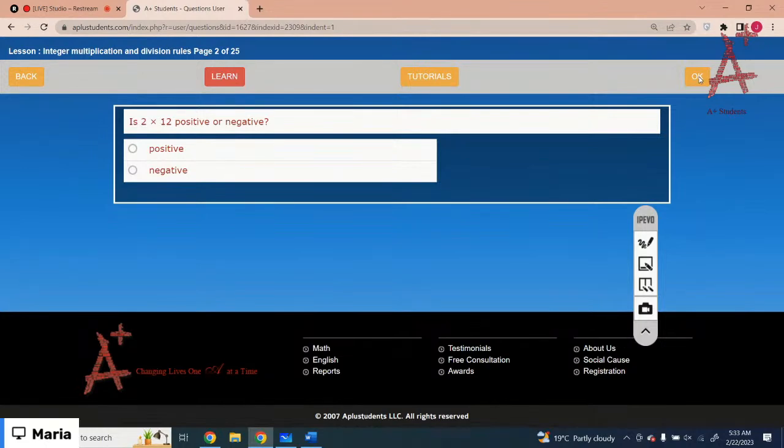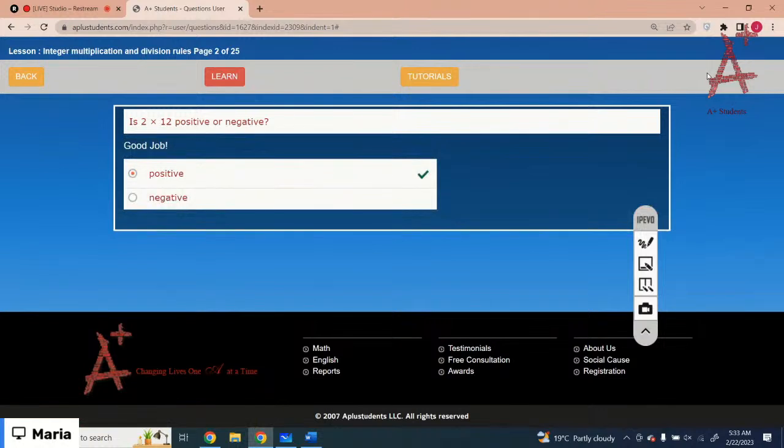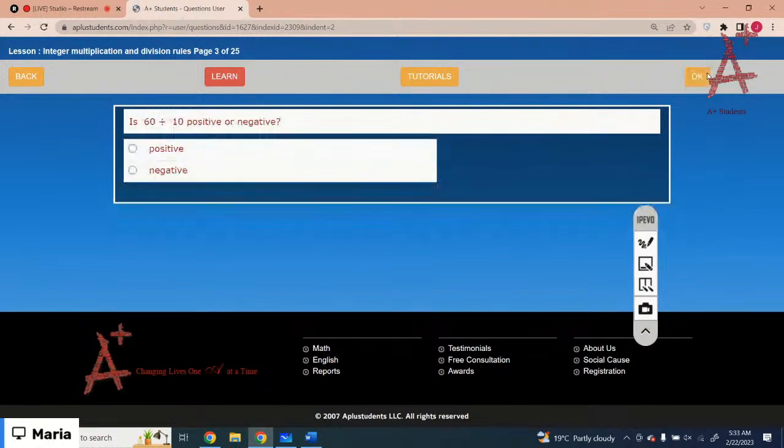Is 2 times 12 positive or negative? Both the numbers are positive, 2 and 12. Got it? If both the numbers are positive, the answer must be positive. Okay, is negative 60 divided by negative 10 positive or negative?